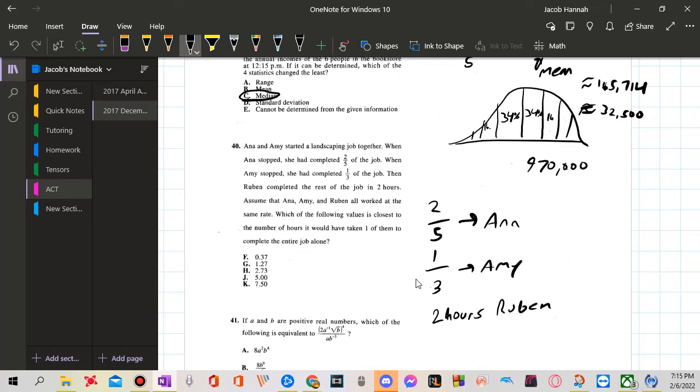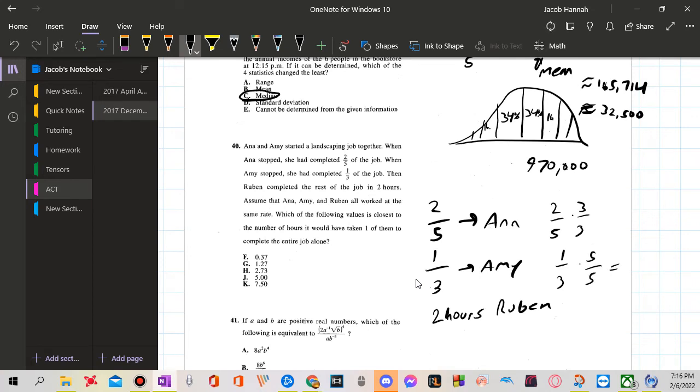2/5 of the job when she stopped. Okay. So let's say that the job is pretty much out of 1. So let's make these fractions have the same denominator. Let's make 2/5 times 3 on the top and 3 on the bottom, and then make 1/3 times 5 on the top and 5 on the bottom.